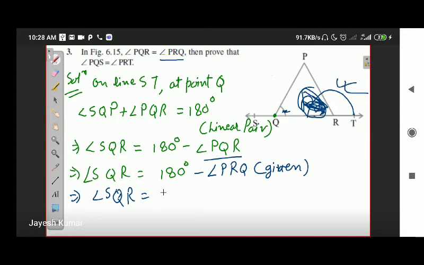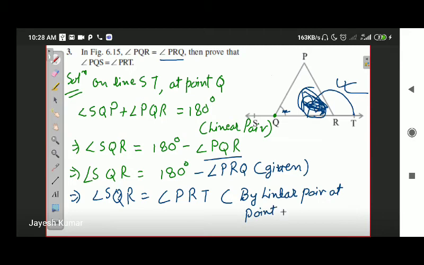Now directly angle PRT. Once again, linear pair at point R. Linear pair at point R. Okay. At point R, we applied linear pair once again and we get the value of angle PTR equals angle SQR. That's it.